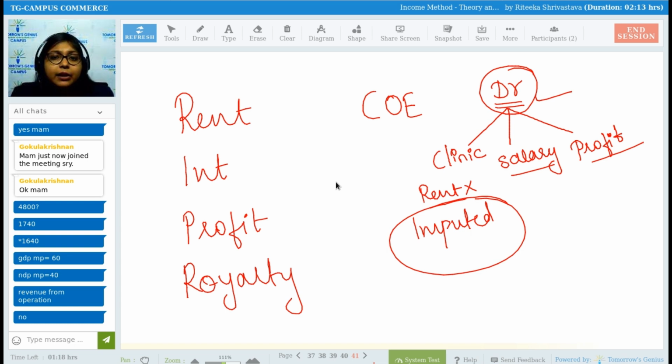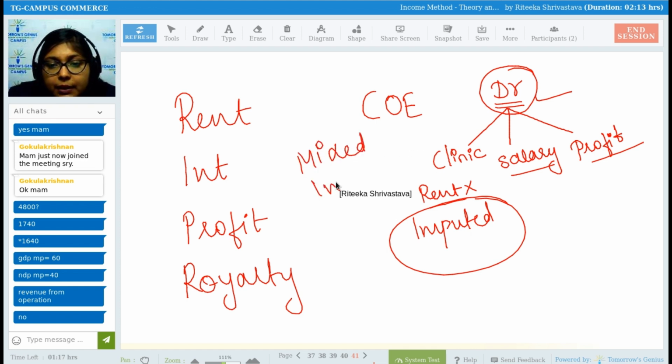I don't have any component for this, and secondly, I cannot put him under every category. I cannot put him under rent, and I cannot again put him under profit. If I do so, the numbers will be repeated, right? So that cannot be done. So what will I do? I will make a whole new category or component called mixed income.